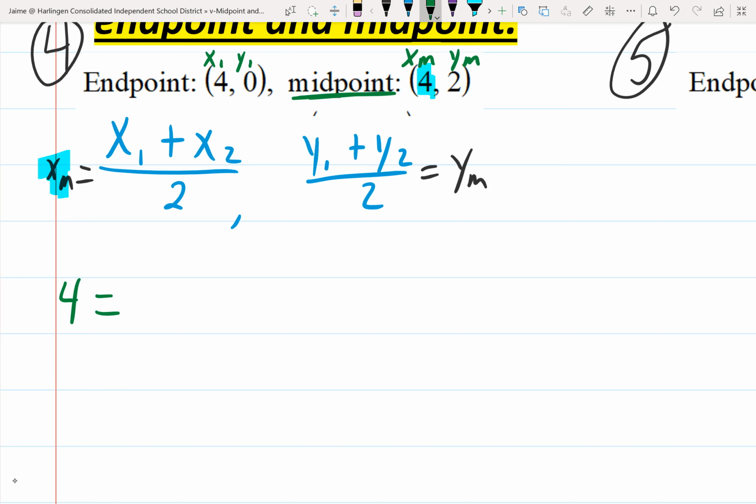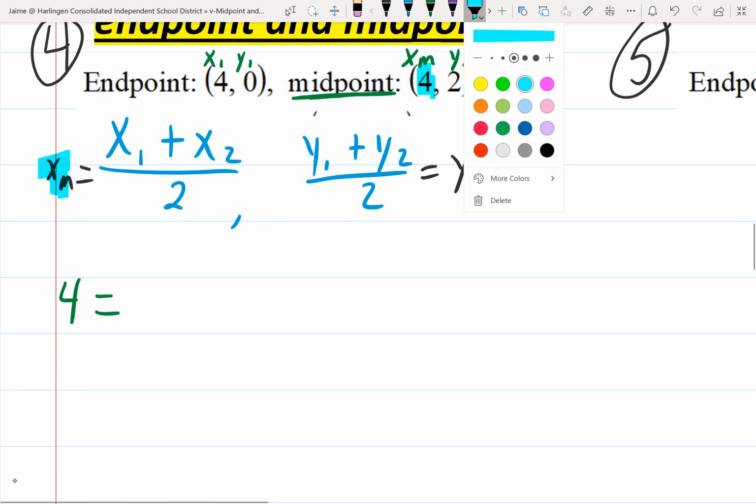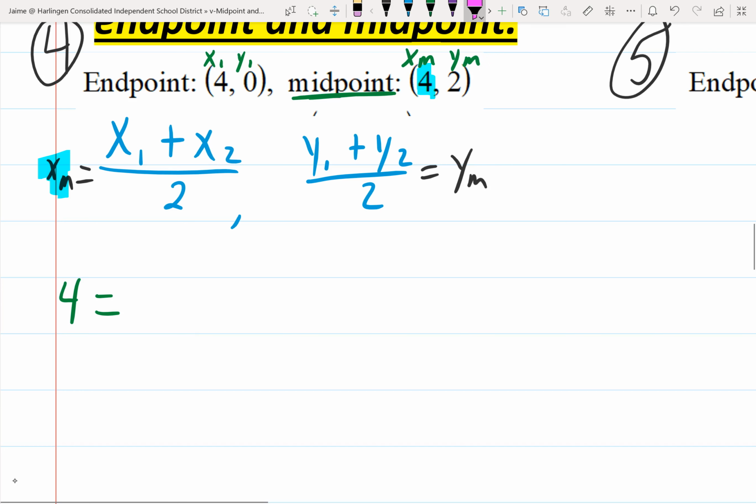So 4 is equal to, now I need x1, and x1 is right there. So 4. Then I have to put a plus sign, plus x2. I don't know what x2 is. This is my question mark.